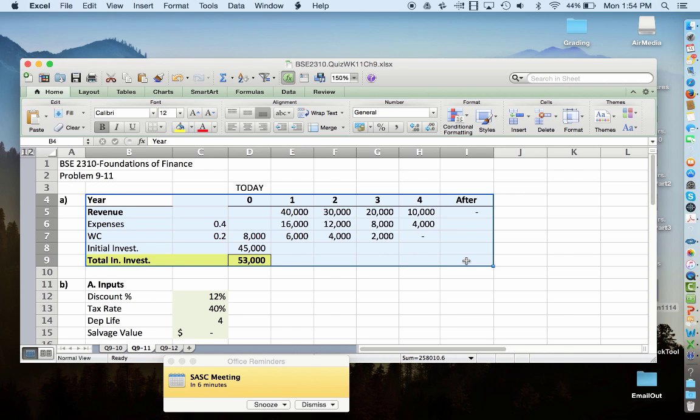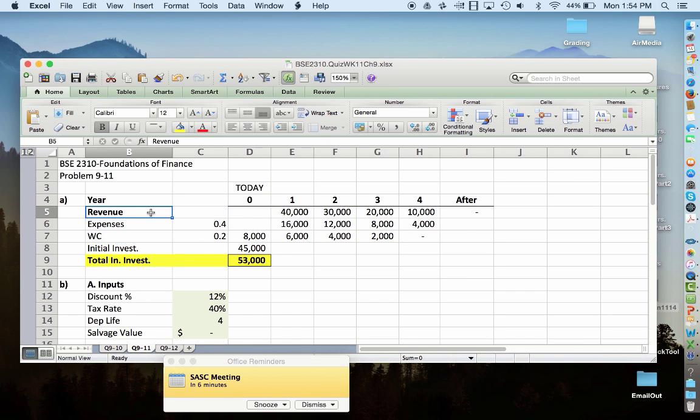Then it gives me the revenue numbers. I don't have to calculate them. They're given to me. I would lay out the revenue: 40,000 in year 1, 30,000 in year 2, 20,000 in year 3, 10,000 in year 4. That's given to us in the problem. And I enter them all as positive values. What I have here is kind of a summary. This isn't the full-on analysis. I'll come to that momentarily.